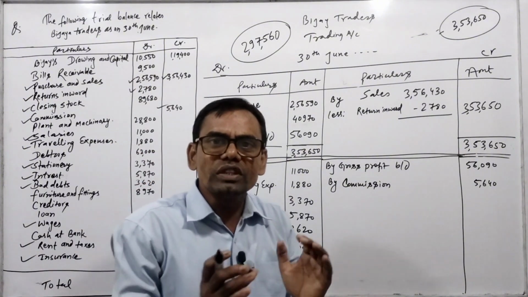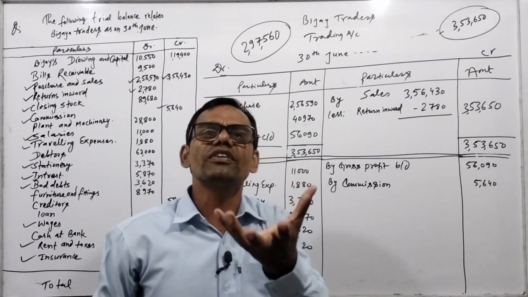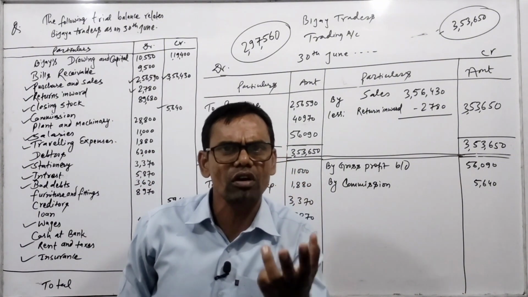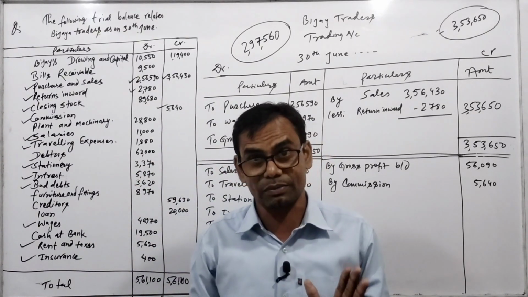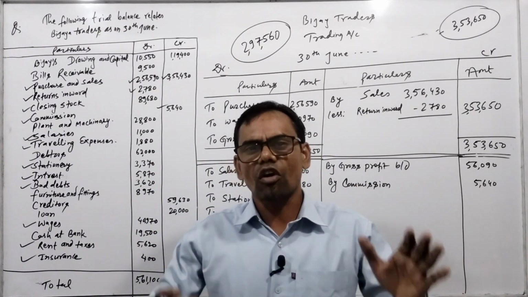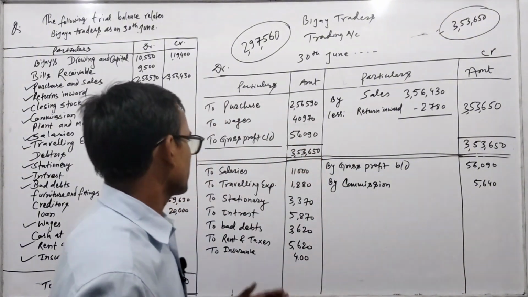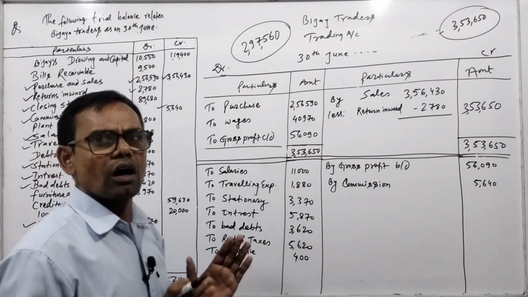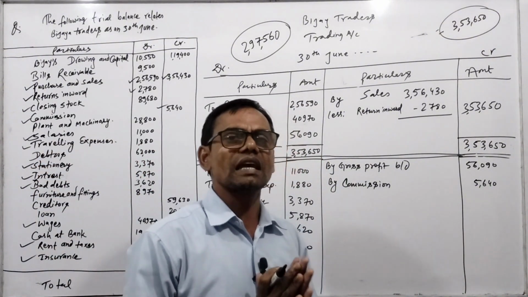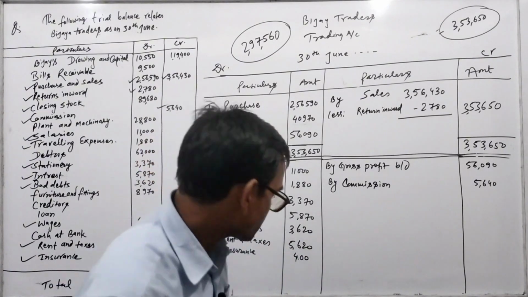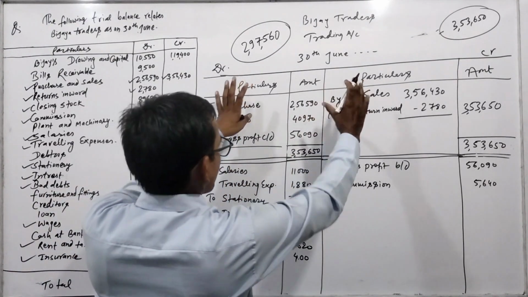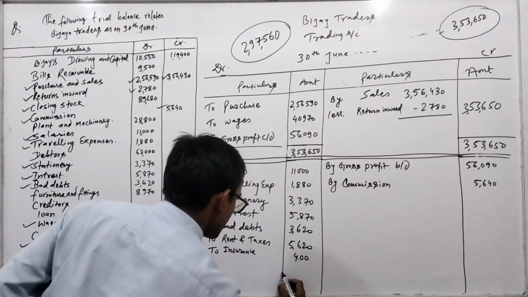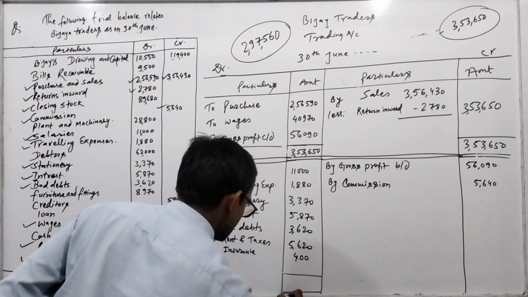The accounts recorded in trading are very few: opening stock, purchase, carriage inward, manufacturing expenses, factory expenses. After that, all the expenditures should be recorded here because these are office expenditure and selling and distribution expenditures. Now close it. As you close the trading account, in the same way you have to close this.